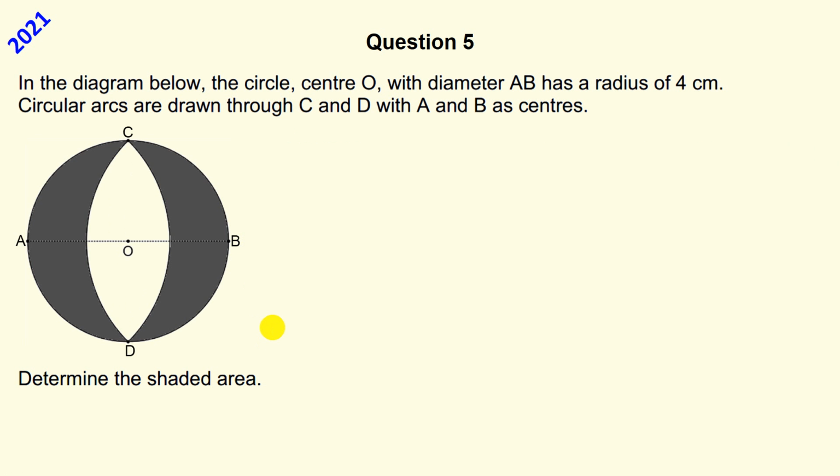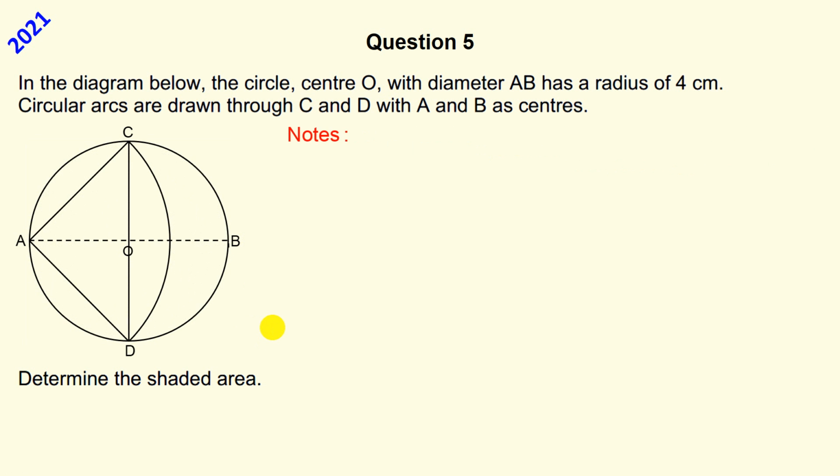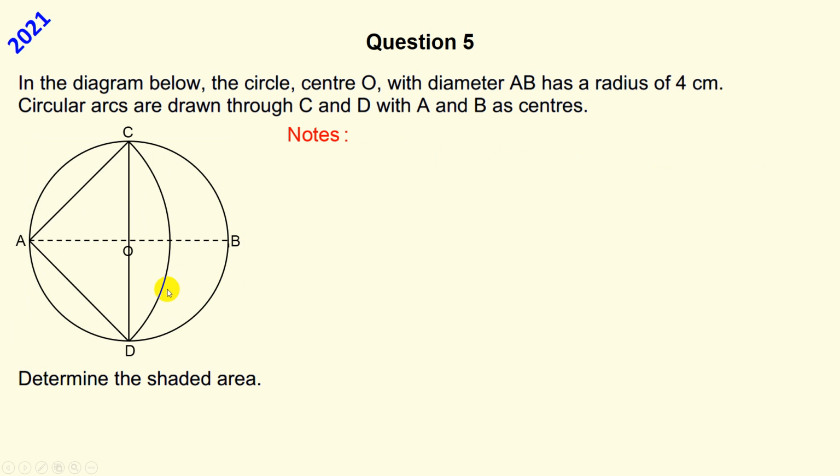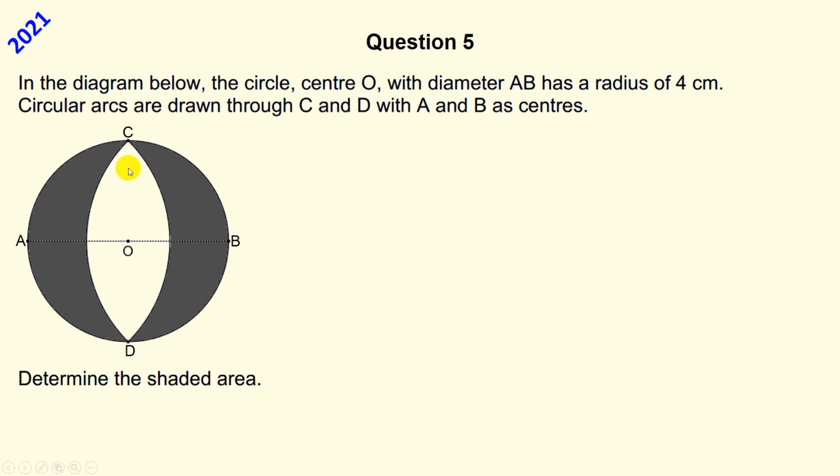All I've done here, by the way, is convert the question using only the one side at the moment, because once I've found the size of this segment here, I can find the size of the other segment, which means I know the size of this whole unshaded area, and I can subtract that from the full area of the circle in order to determine the area of the shaded section.